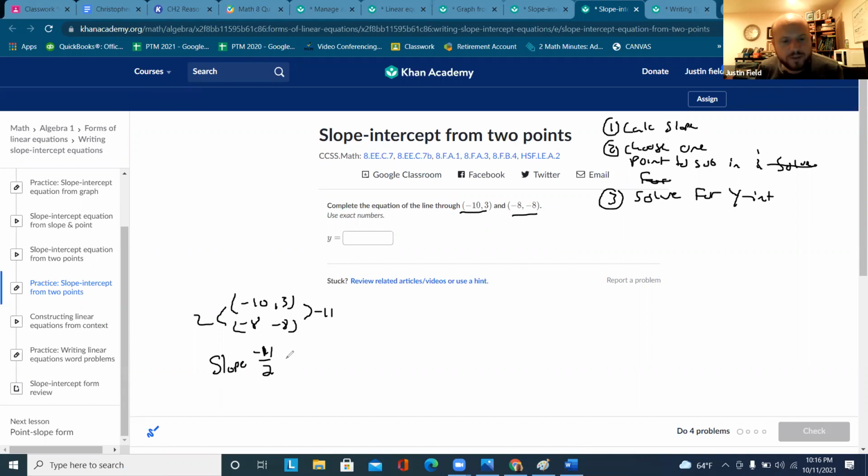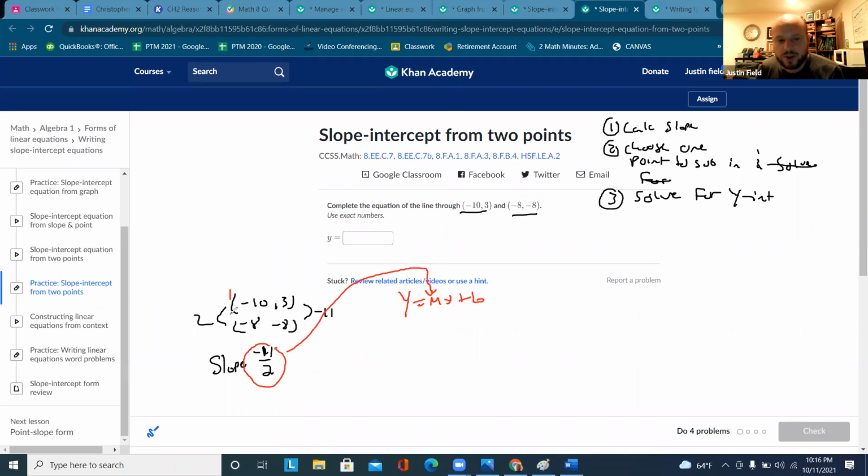So now I'm going to take that slope and choose a point, and substitute into y equals mx plus b, and solve for b. The slope I have goes in for m.